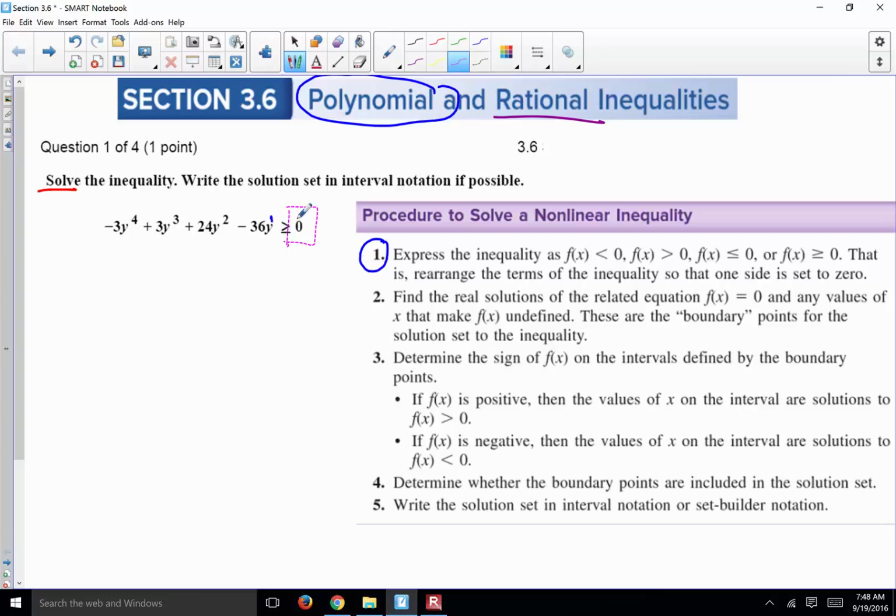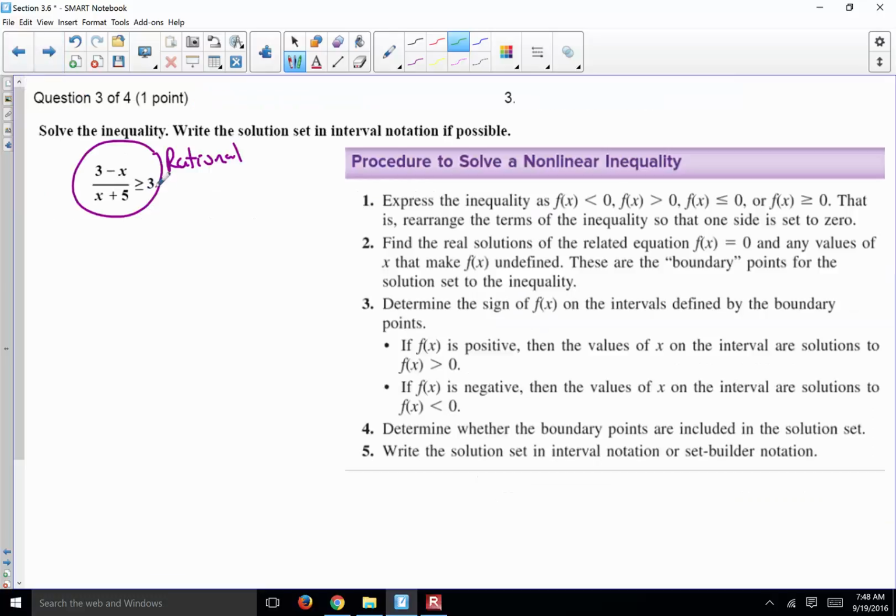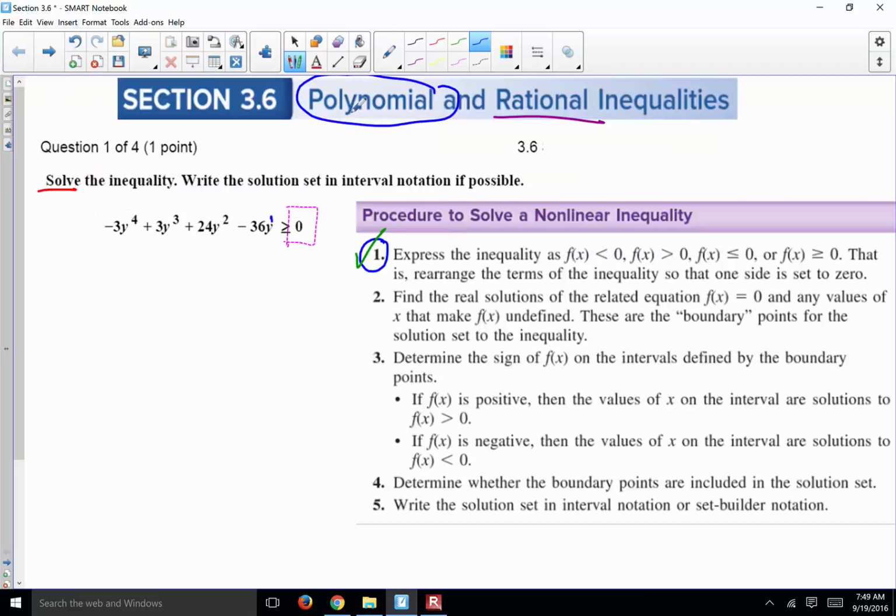Here the right hand side is completely 0, so you do not have to worry about step 1. It's already 0. If it's not, you need to bring everything to the left and make it 0. In this problem, for example, I need to move 3 to the left. Alright, step 1 is okay.